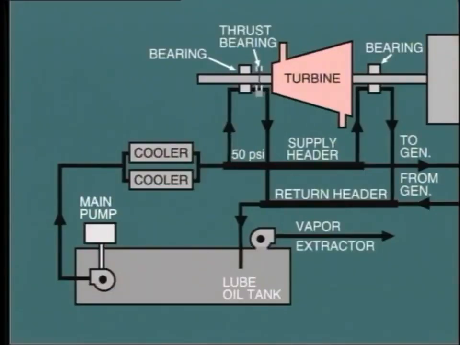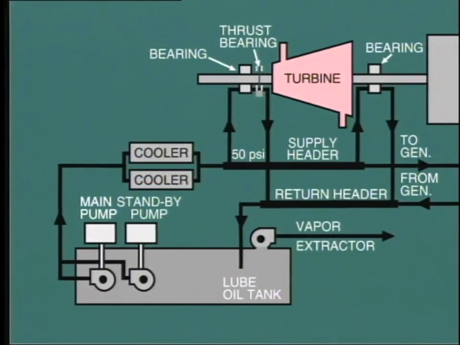The supply of lube oil is so vital to the operation of the turbine and generator that a standby pump must always be provided and maintained ready for startup on automatic control. But one question comes to mind. What would happen in the case that we lost all auxiliary AC power? This could happen, for example, in the case of a turbine generator trip in a facility with no station service backup.